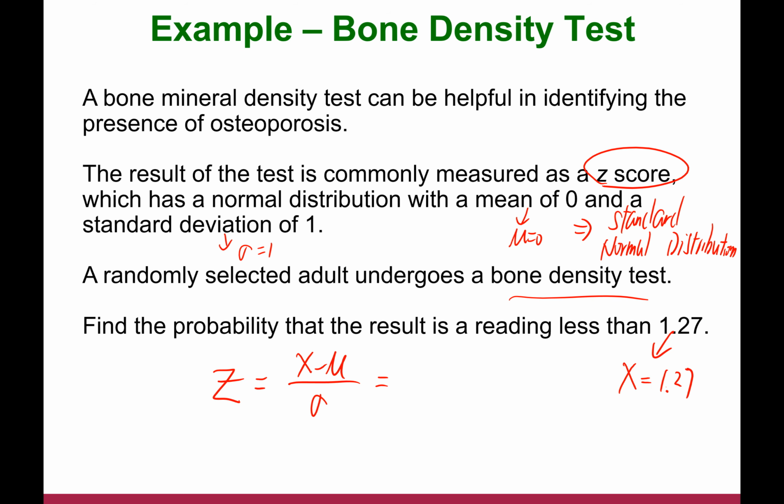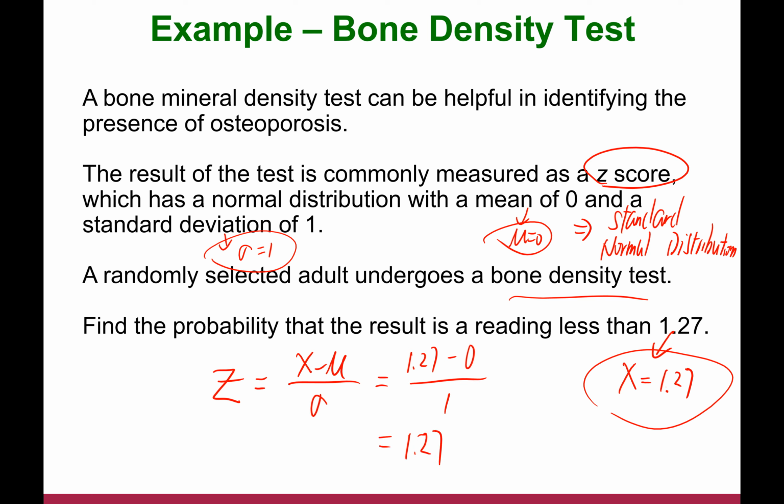We know the mean, we know the sigma, we know the x value. So it's 1.27 minus 0 over 1, which turns out to be 1.27. So for the standard normal distribution, the z-score equals the continuous random variable, in this case 1.27.